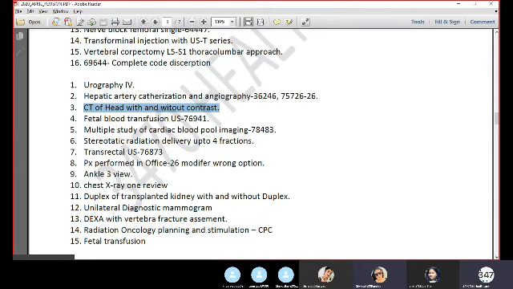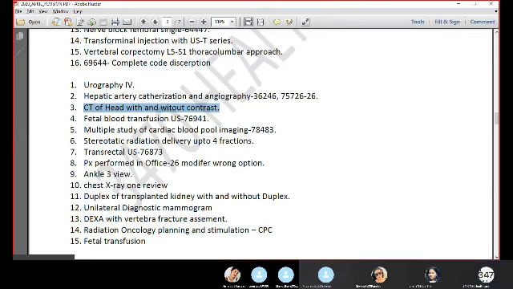But actually it is without and with only; they have wrongly given. 70470, right? So you have to go with only the combo code. If both are present, you go with without followed by with only. Here I wrongly gave it, but in the exam they will clearly use without first, and again with contrast. So without followed by with contrast, code only you have to use. 70470 is the correct answer.